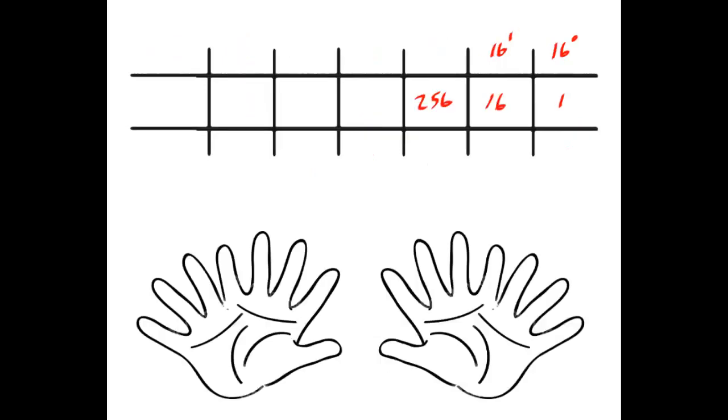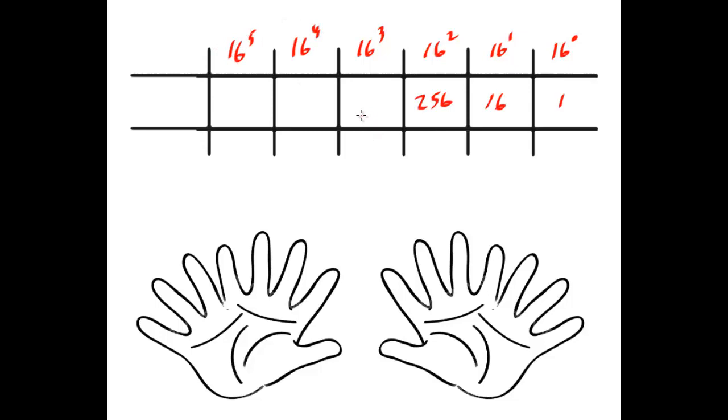So hexadecimal. This is going to challenge my ability to write really small numbers. Same thing, ones column, 1 set of 16s, 16 sets of 16s is 256, so that's 16 squared. This is going to be 16 cubed, 16 to the 4th, 16 to the 5th.